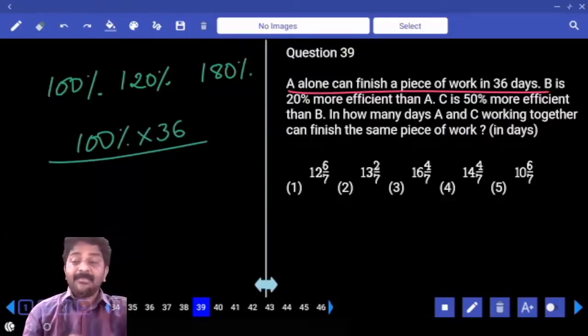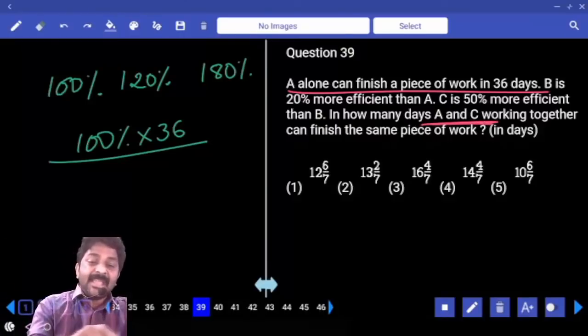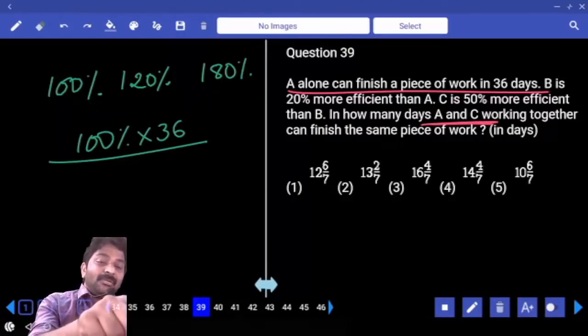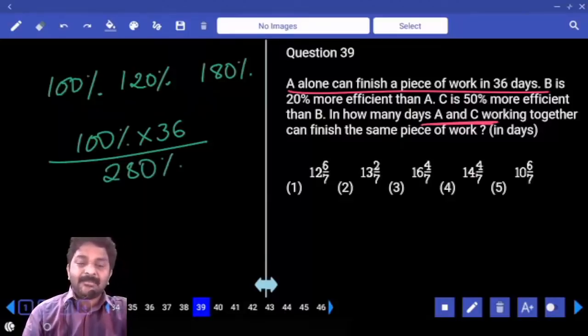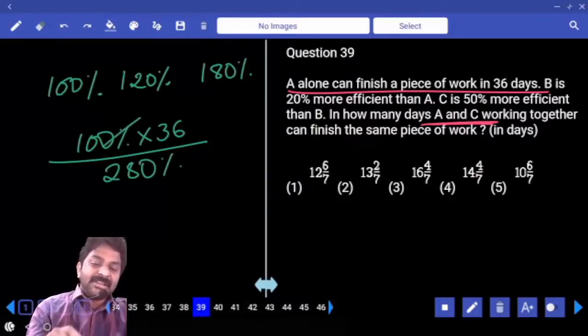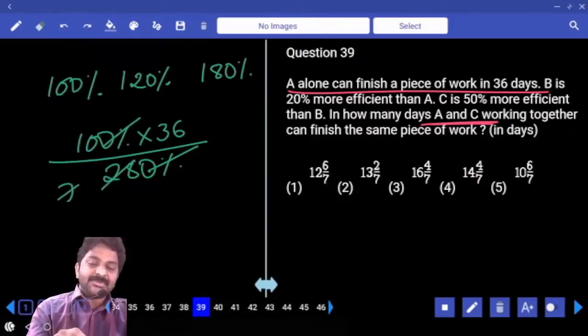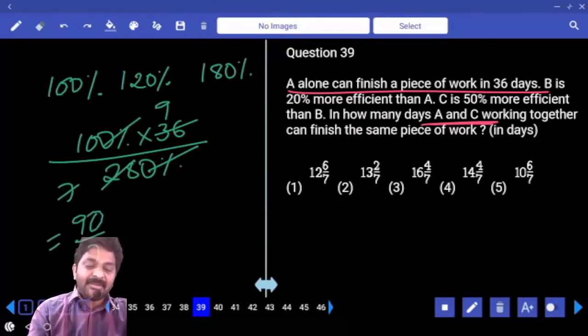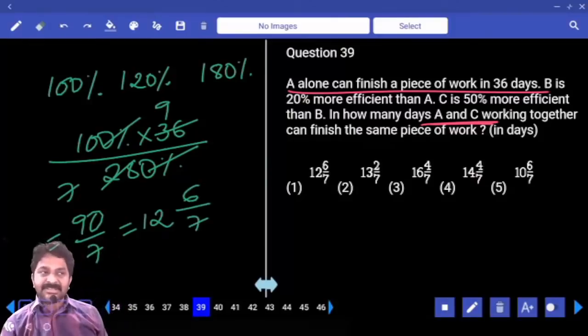Now the same must be done by A and C. A and C working together have 280% efficiency only. 0, 0 cancel. 4, 7 times. 4, 9 times. That is 90 divided by 7 only. 7, 12 times is 84. Remaining 6 by 7. So 12, 6 by 7 days.